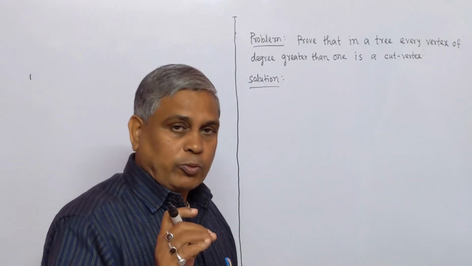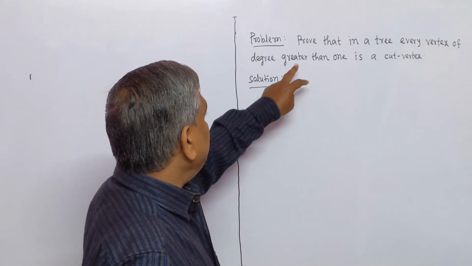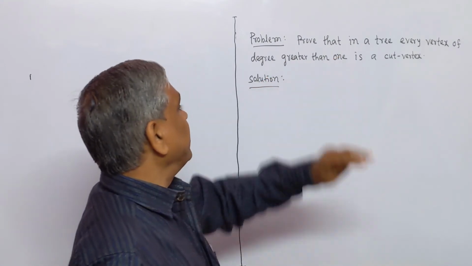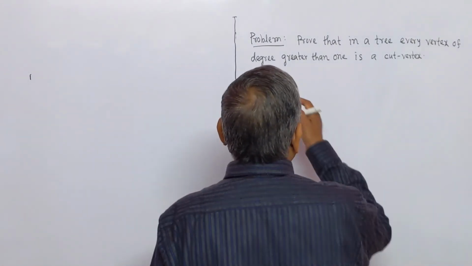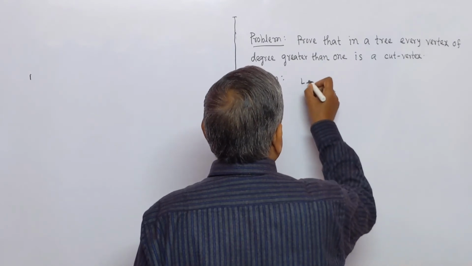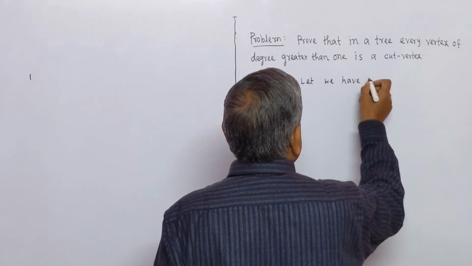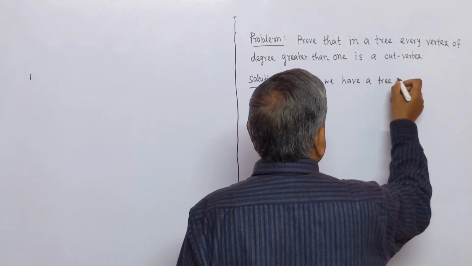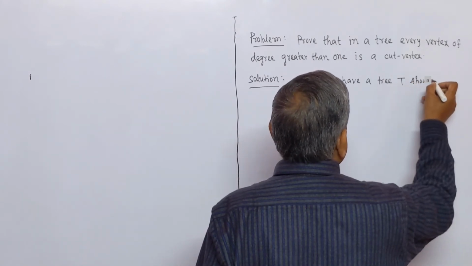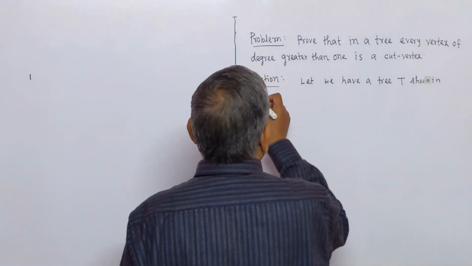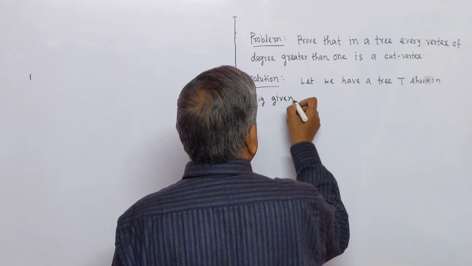Now we solve a problem. Problem is prove that in a tree every vertex of degree greater than 1 is a cut-vertex. Solution. Let we have a tree T shown in the figure given below.